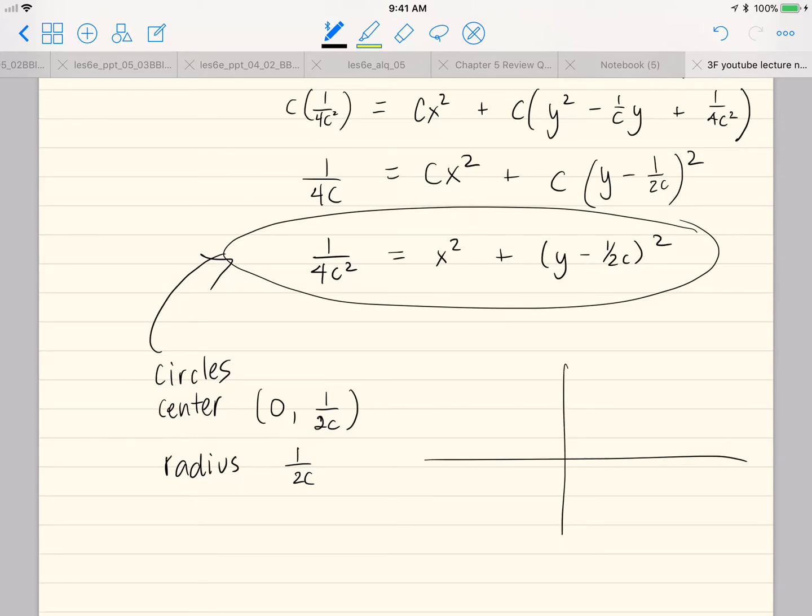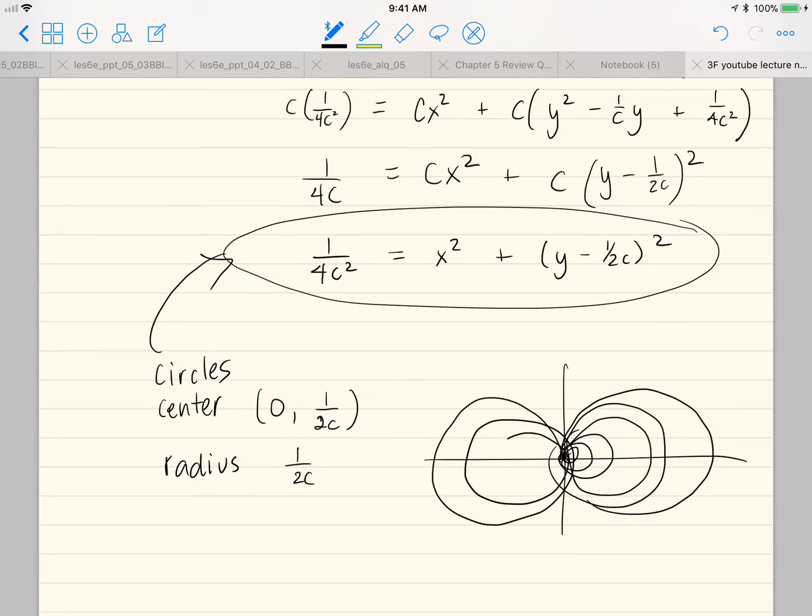So remember, before we had these circles that were tangent to the y-axis. They're getting closer and closer. Well, when we go to draw the orthogonal trajectories, they're going to be circles, but their centers are going to be along the y-axis.